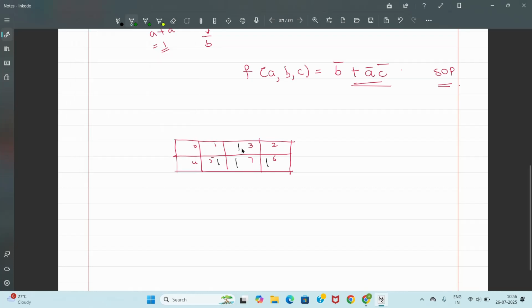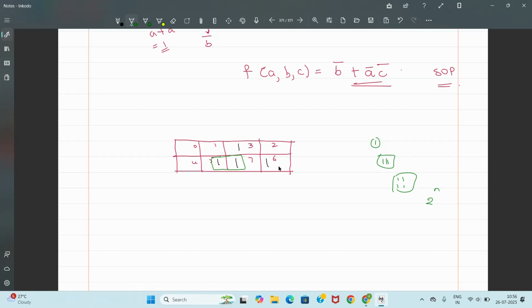To cover this one, I have an adjacent one in cell number 7, so I can pair them. I cannot make a group of 3. An odd number is not allowed here. Only a single is possible, or a pair, or a quad, or 8. So it's always in powers of 2.